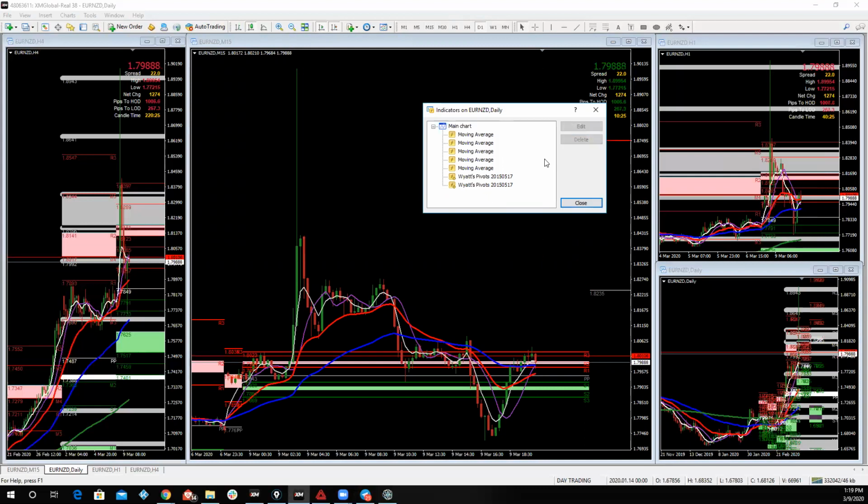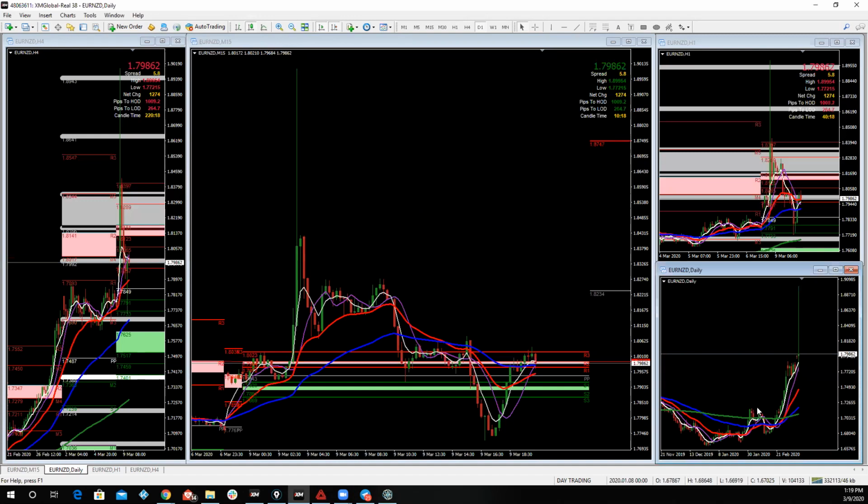Clean it up, spring cleaning. There you have it. Good. Clean. Only thing, moving average. Right? Just moving average. So we can also increase the size. Yeah? Or decrease the size, whichever.